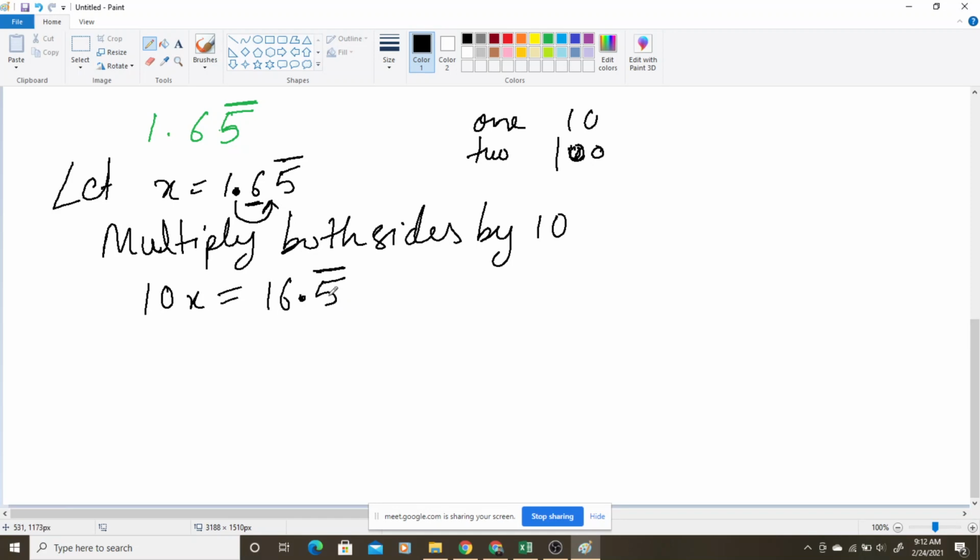These digits are having bar, but the first one was not like this. So we can take this as the first equation. Now how many digits are there with bar? How many digits? Only one. Again we will be multiplying both sides by 10.